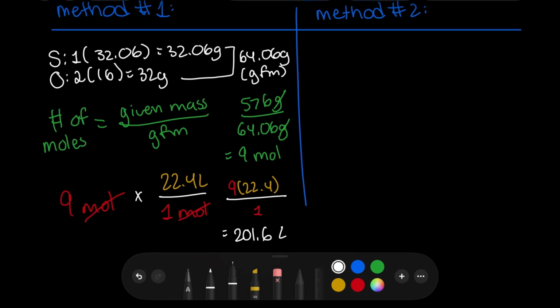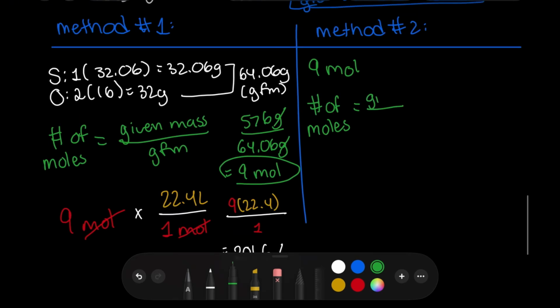Our second method is once we figure out the number of moles we have, which we know is 9 moles, we can just do the equation format where we had the number of moles is equal to the given volume over 22.4. So we know that we have 9 moles, right? And it's equal to an unknown value of volume, so you can put an x here, over 22.4, right?